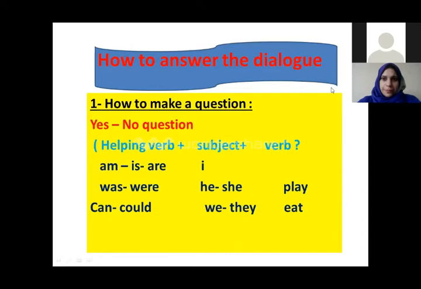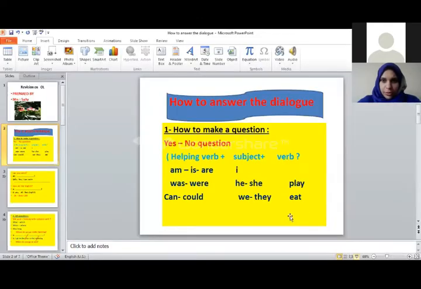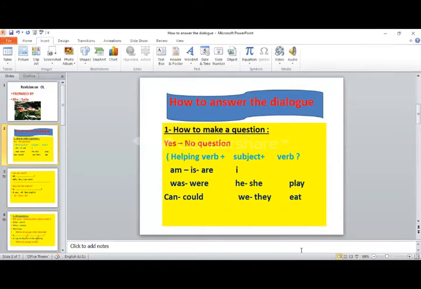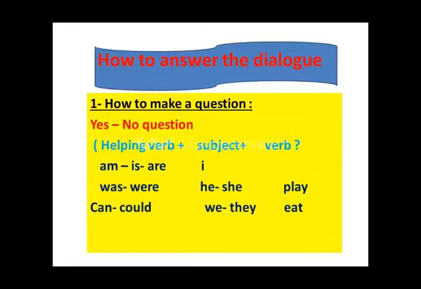Okay, number one, when you make a question, we need, number one, yes or no questions. So we have two kinds of questions. Number one, yes or no questions, and number two, WH questions.